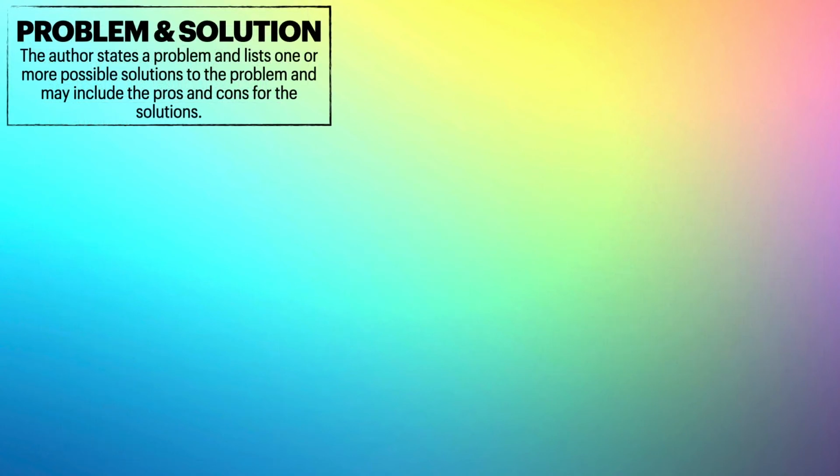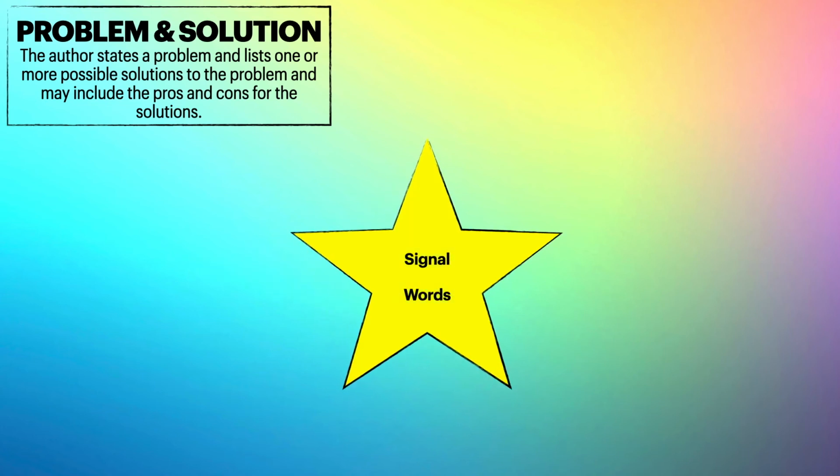In the problem and solution text structure, the author states a problem and lists one or more possible solutions to the problem, and may include the pros and cons for the solutions. There are common words that are used in this text structure that will help you identify it as a problem and solution structure.